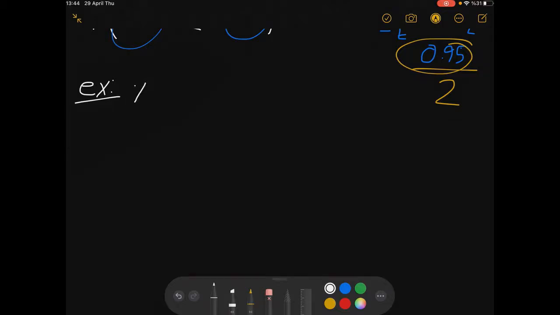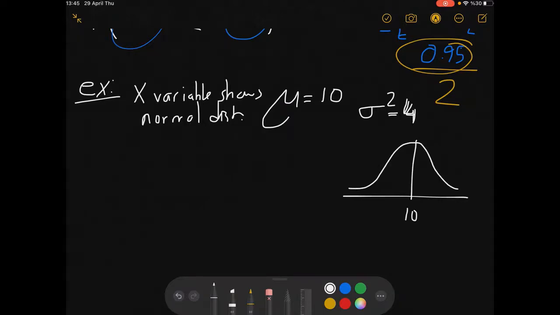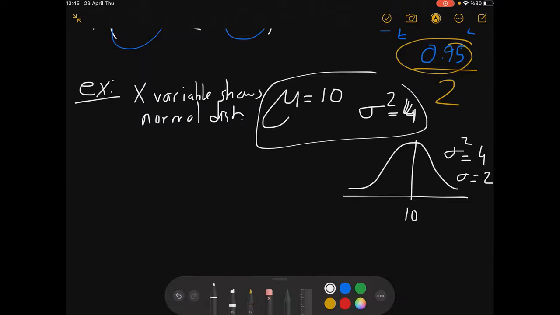Your x variable shows normal distribution with your average of 10, and the variance is 4. That's your distribution. Your sigma square is 4, where your sigma is 2.